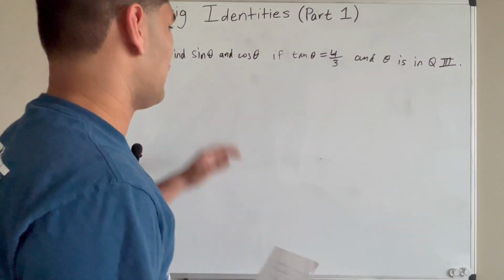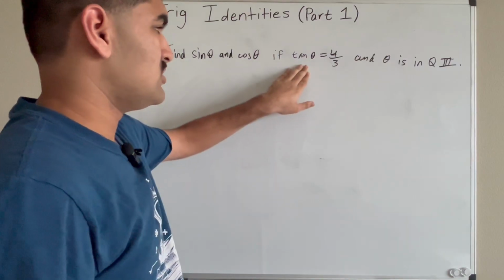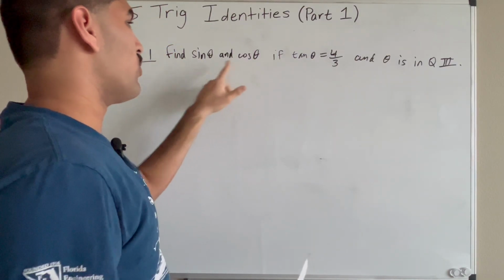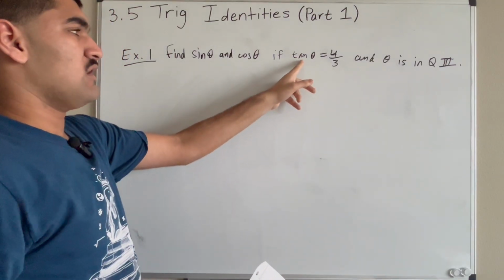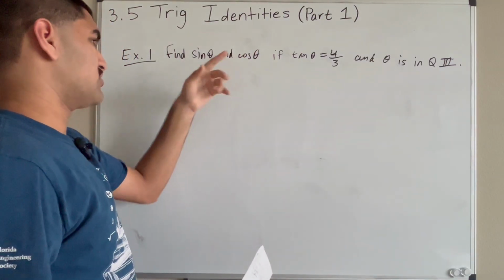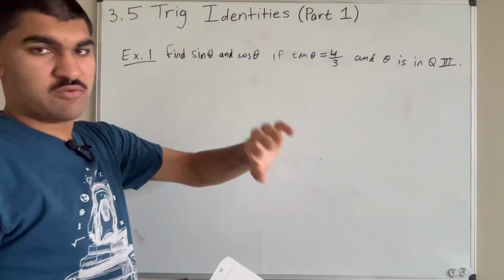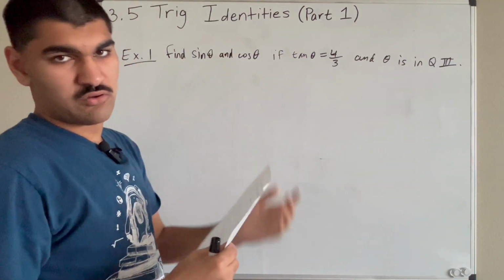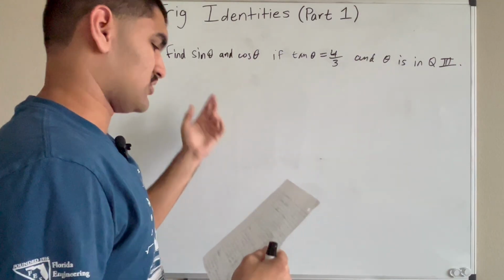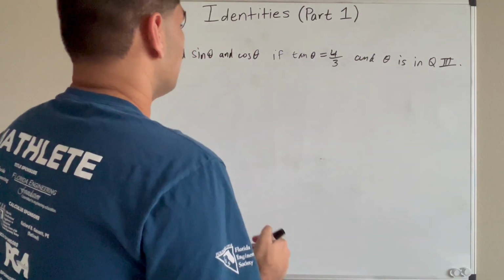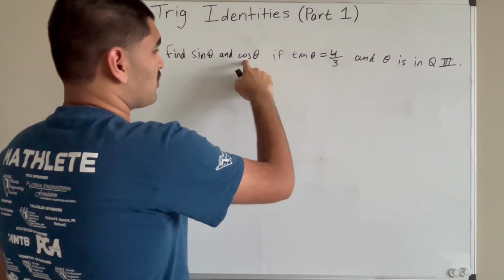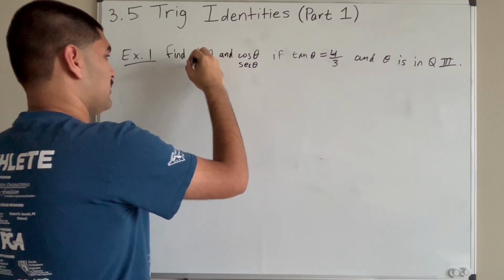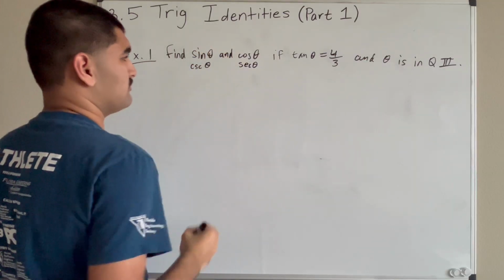So we're trying to look for an identity that relates tangent theta to either sine and cosine directly or the reciprocal. Because if we can get tangent to one of the reciprocals of these functions, then we take the reciprocal of that and we get the function. So either the function or its reciprocal, it doesn't matter, we can still get the original function. We know that the reciprocal of cosine is secant theta and the reciprocal of sine is cosecant theta, right?